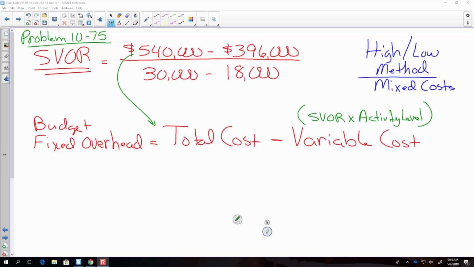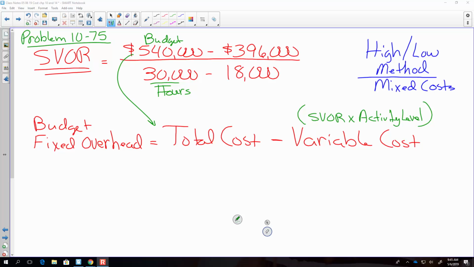Okay, so for problem 75, they didn't give us the SVOR, so we have to use the high-low method to figure out the standard variable overhead rate. They did give us two points, a high point and a low point: at a budgeted hour level of 30,000, the budget is 540,000, compared to 18,000 hours, where our budget amount is $396,000.